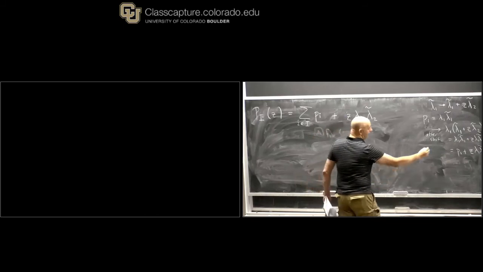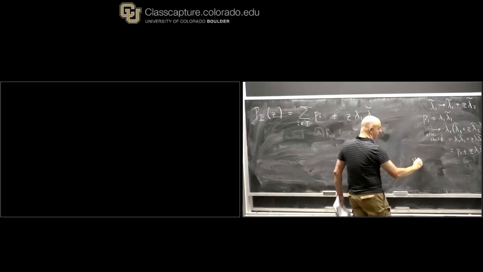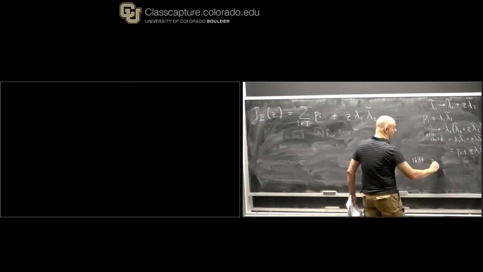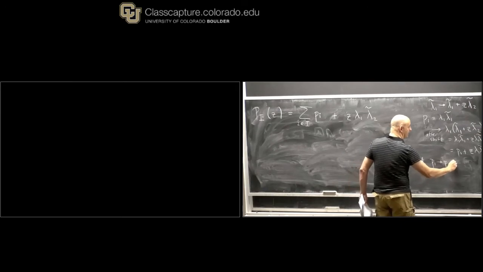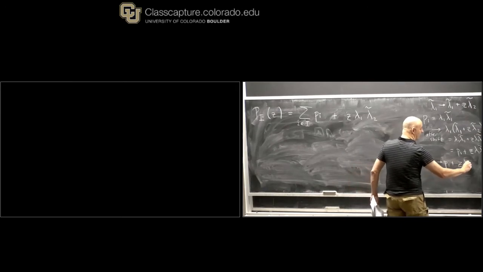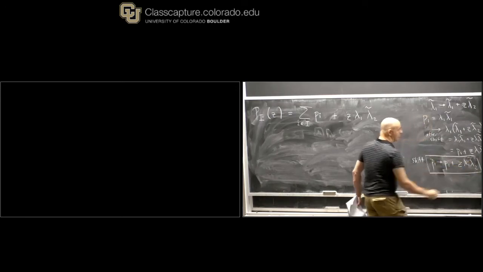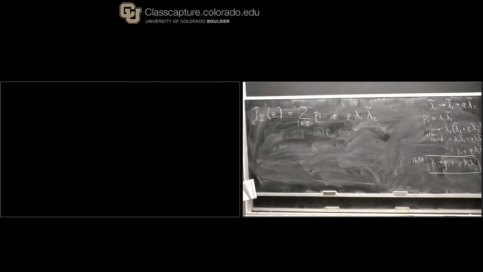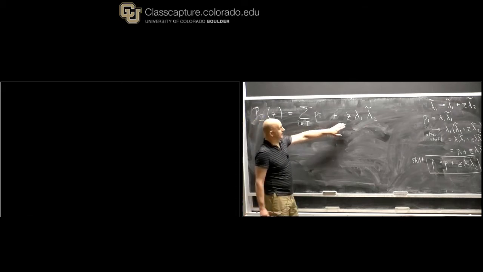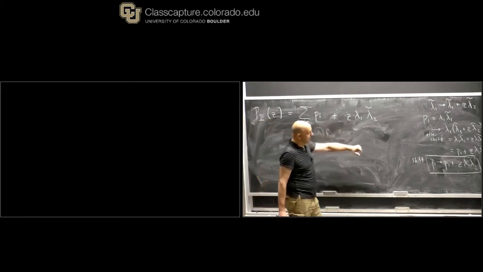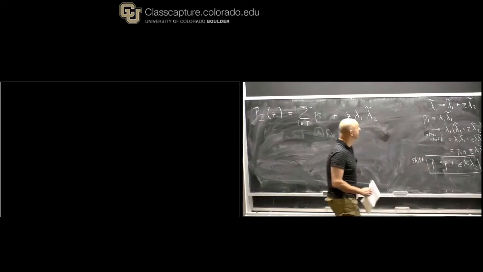So in other words, the shift takes P1 to P1 plus z lambda 1 lambda 2 tilde. And that's what I've indicated here. If this subset capital I contains particle 1, then it picks up a shift precisely in this amount.